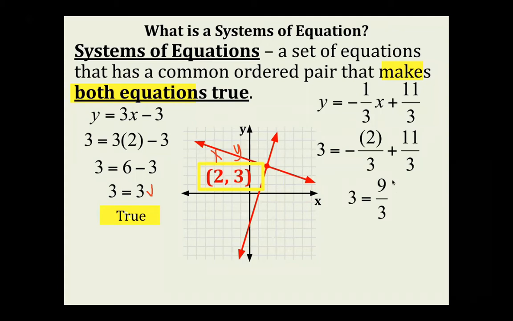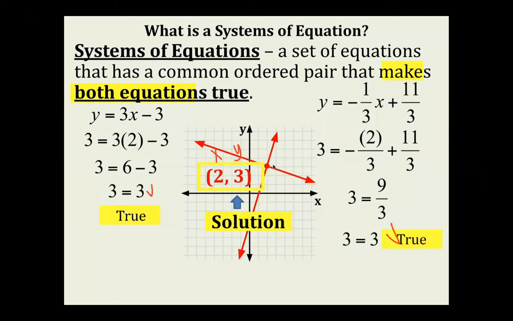Negative 2 plus 11 would just equal positive 9. So now you have 3 equals 9 over 3, and 9 over 3 just simplifies to 3. So you get this same simplified equation of 3 equals 3, and we know that it's true, so 2, 3 is also a solution of this equation.